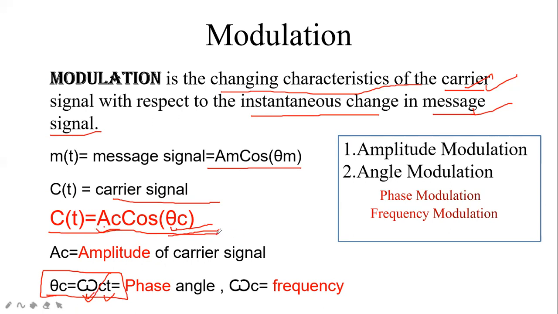Based on the modulation, if you are changing the amplitude of your carrier signal based on your message signal, then it is amplitude modulation. And if you are changing the angle of your carrier signal, then it is angle modulation.